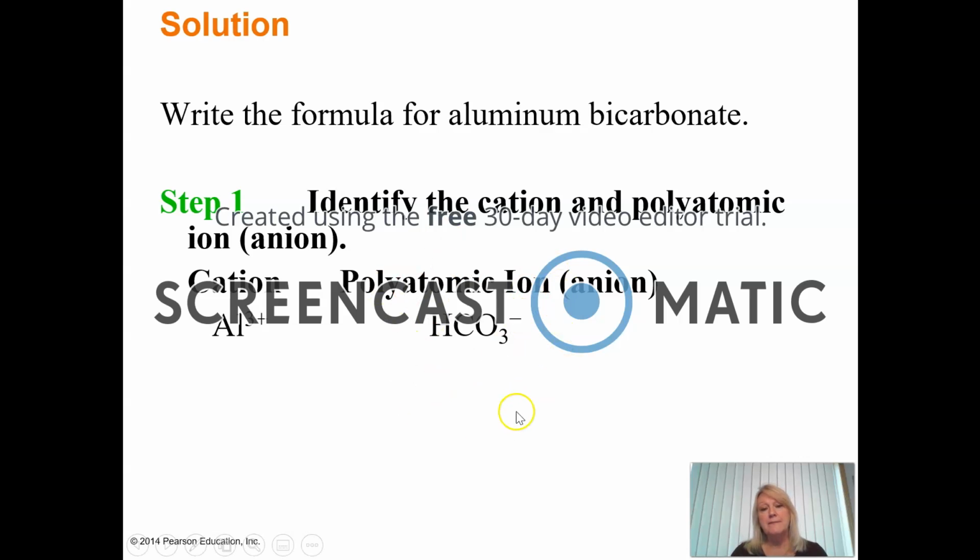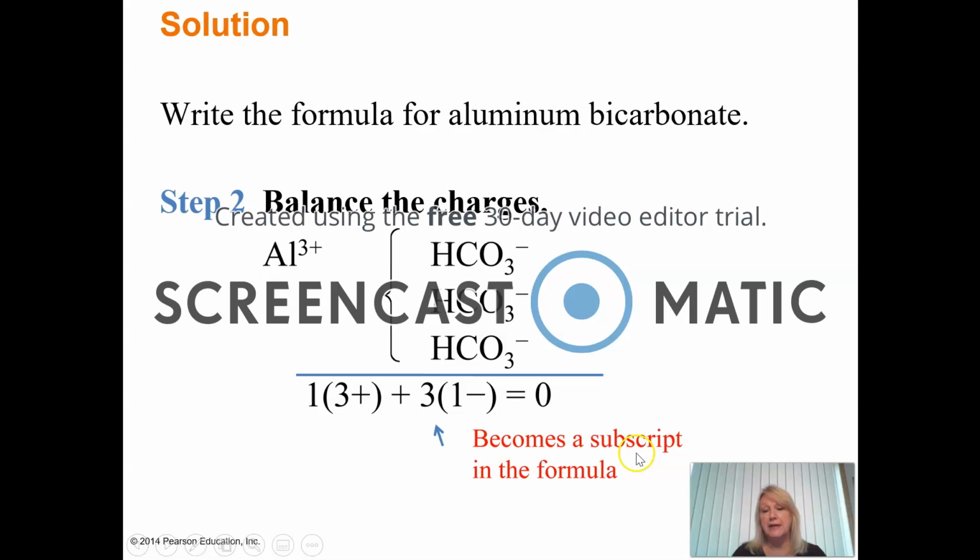So obviously, I need 3 bicarbonate ions. 1, 2, 3 -1 charges is a -3 that is added to the +3 contributed by the aluminum. +3 -3 is 0.